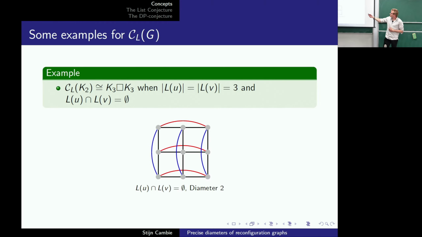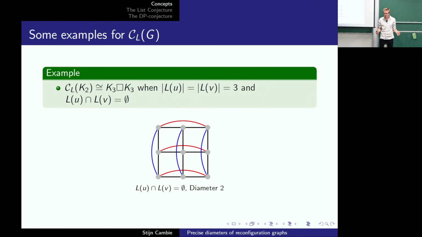As a next example, we have seen that C3 of K2 was the C6. Now, if we speak about list coloring, already for K2, the reconfiguration graph can be different. So assume that there are two lists on both vertices of length 3.